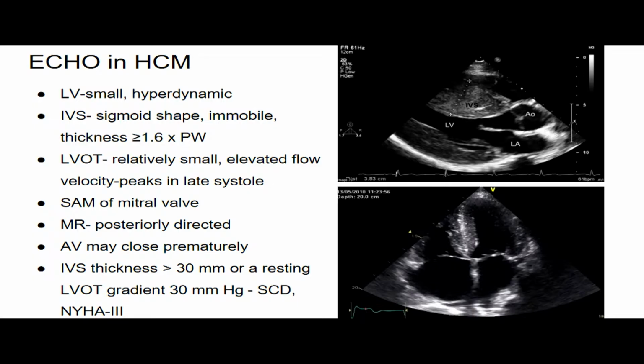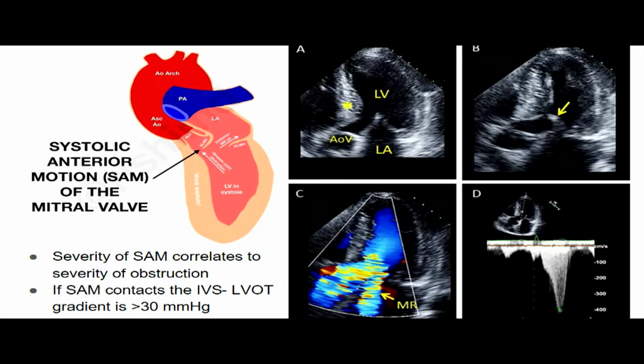So all these are features which we have to see. See, again the same structure, LV, LA, aorta. Okay, so blood will come initially from LA to LV, it has to go from LV to aorta. While contracting, blood is going to the aorta but is going to LA also because of anterior motion of the mitral leaflet.